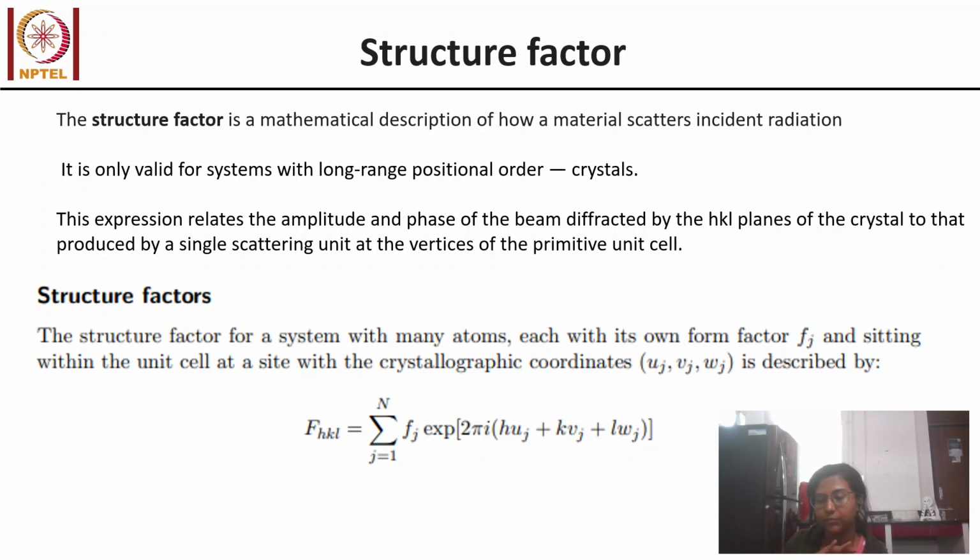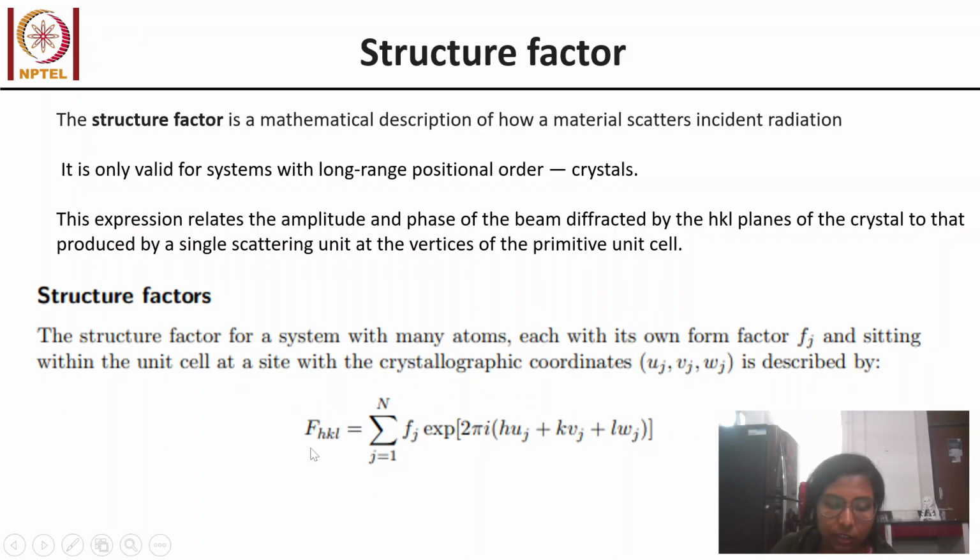So even within one plane, the different scatterers or atoms will scatter to different extents, and that is the property of that atom, which is called the atomic form factor. The total scattering factor of a plane is simply the sum of the scattering factors of all the atoms in that plane. That is the simple explanation.